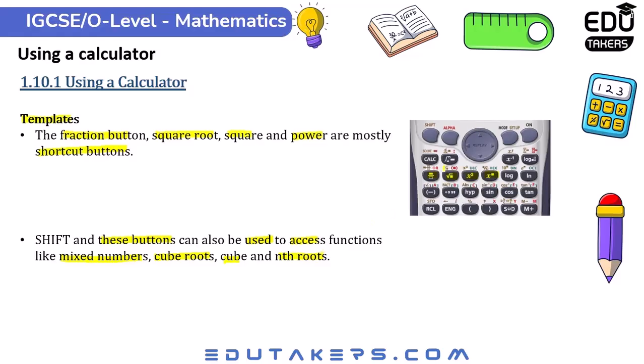The number which is written above the keys, this number or this template, can be accessed by using the shift key. To enter time in hours, minutes and seconds, use this button which is here.